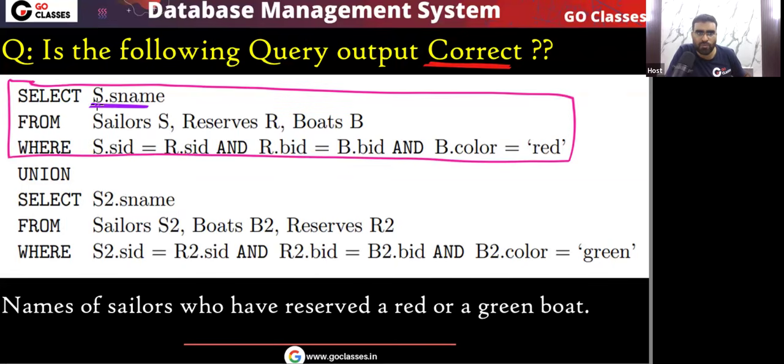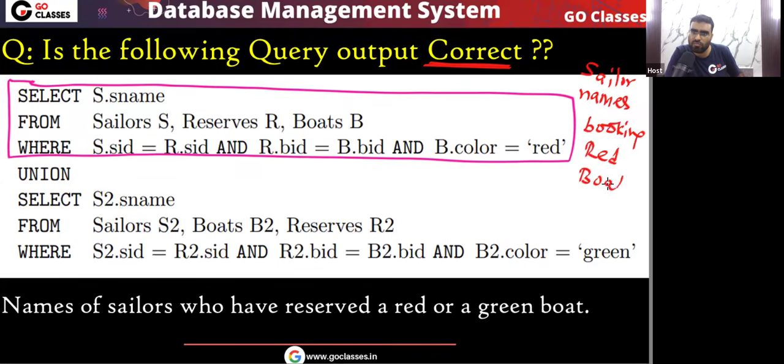These are names of people who are booking a red bot. Seller names booking a red bot. And these are seller names booking a green bot.